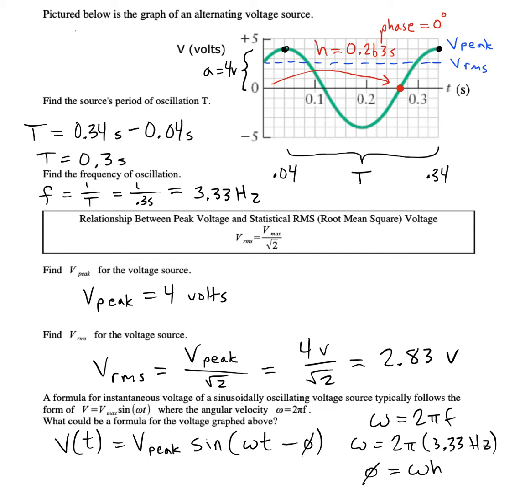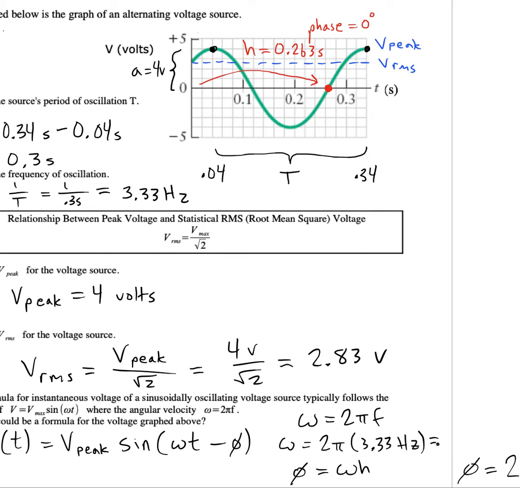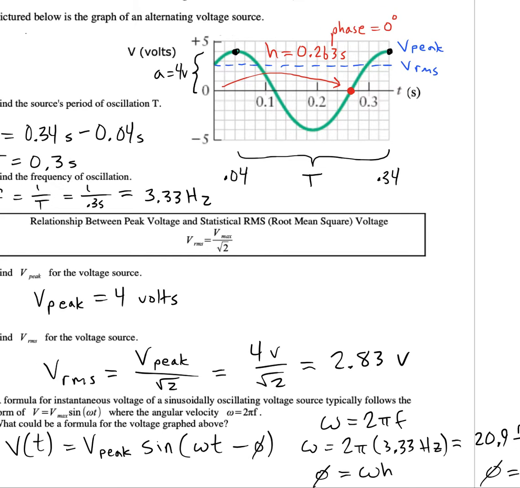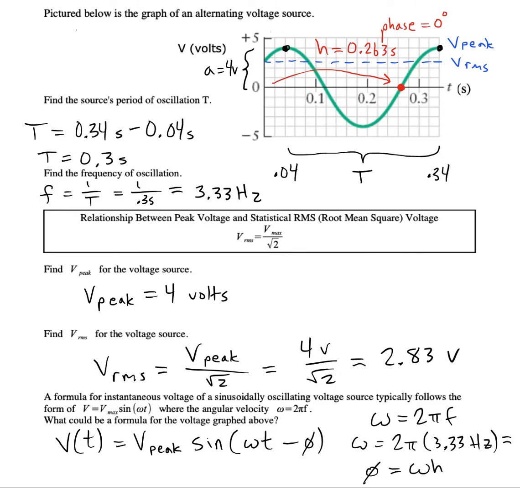All right, we have just about everything we need to construct the function. The omega was 20.9 radians per second. We'll need that number. Let's go ahead and plug in now.